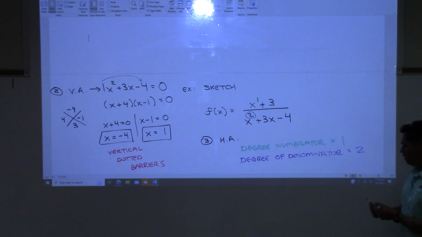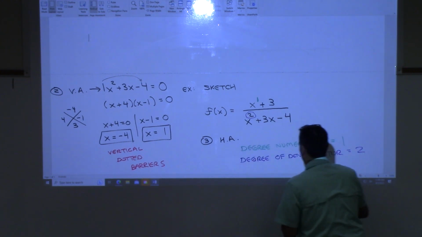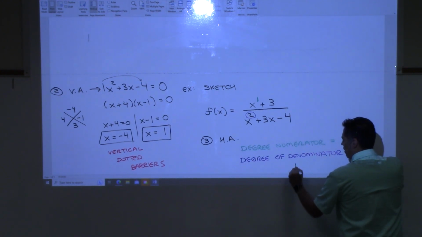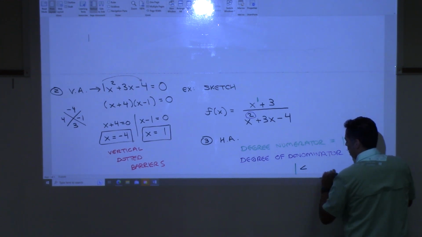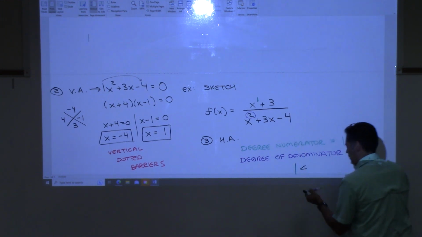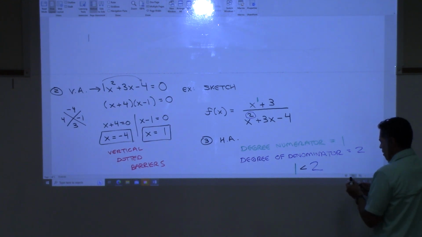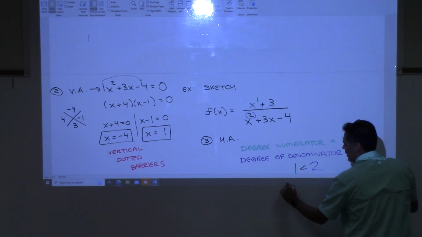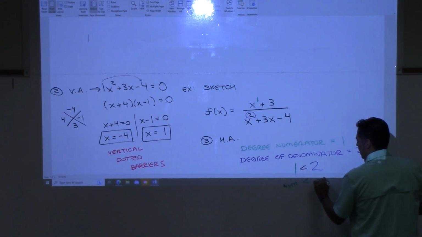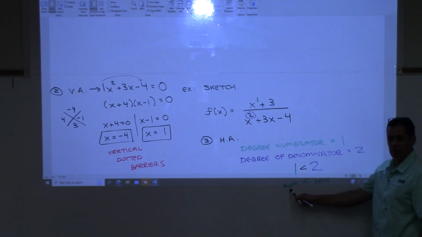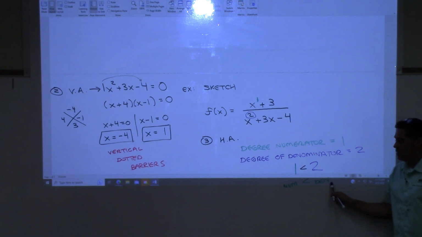So would you all agree that the 1 is less than 2? The 1 is less than 2. Or you could say that the numerator's degree is less than the denominator's. So go in your notes from last class.